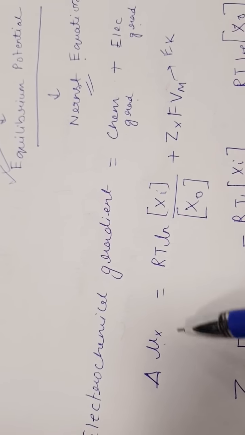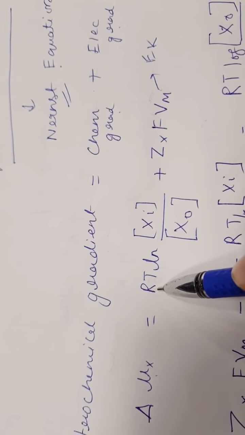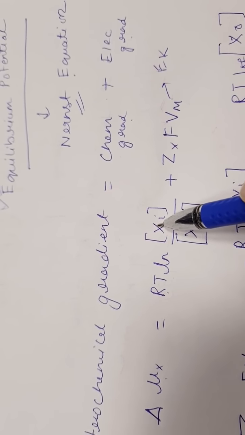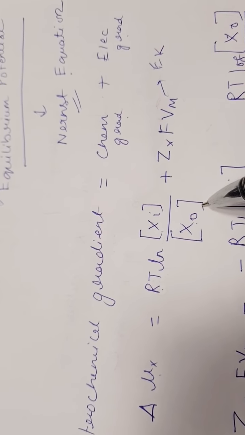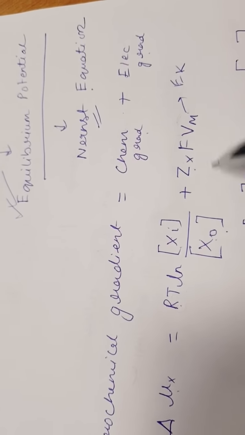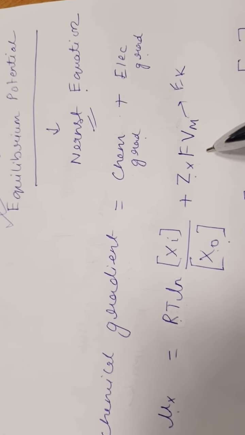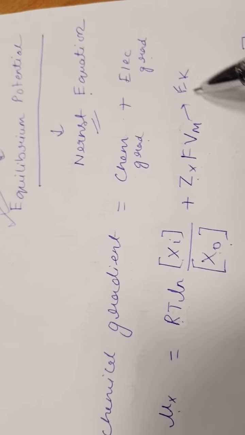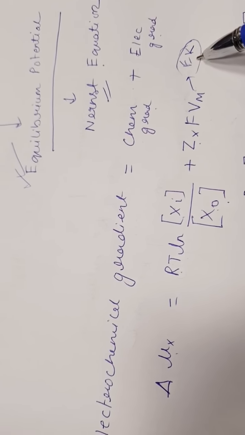R is the gas constant, which is about 8.3. T is the absolute temperature. Xi is the concentration inside the cell. Xo is the concentration outside the cell. Z is the valency of X, which is 1 here. F is Faraday, which is equal to 96,500 coulomb. And Vm, as we said, is the equilibrium potential of potassium.